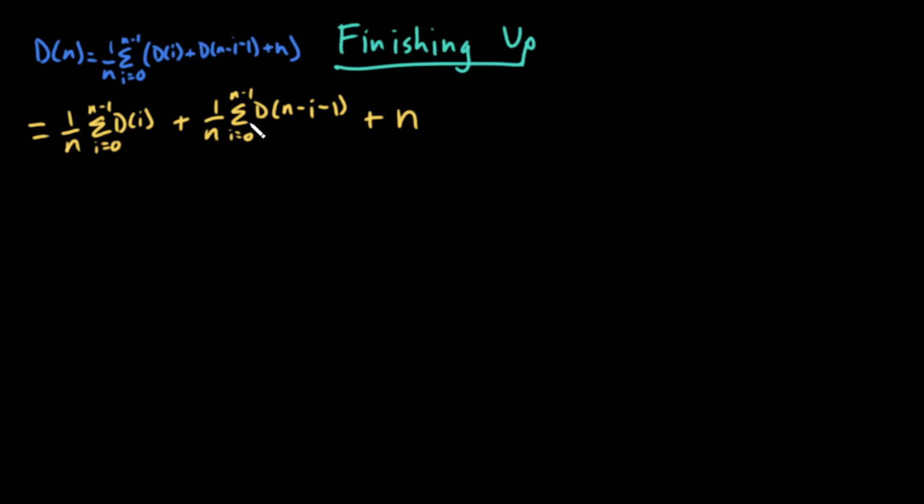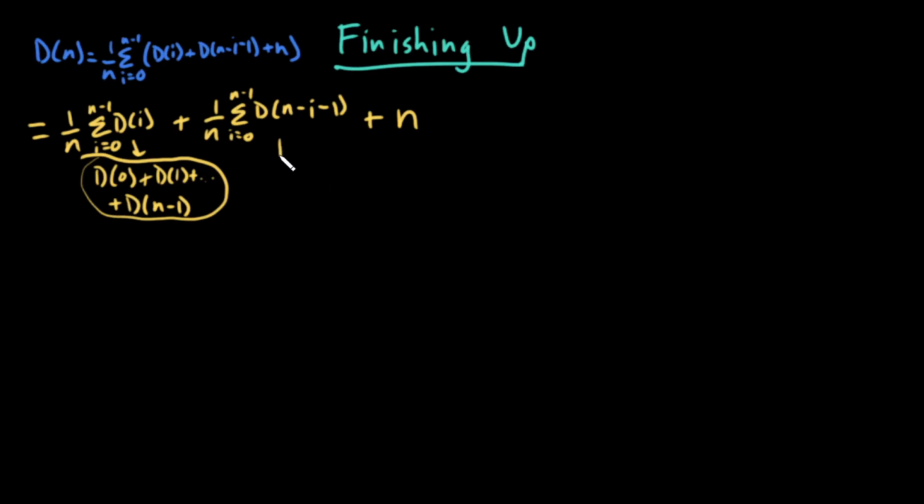These two sums might not look obvious, but let's try plugging in some values. The first is d of 0 plus d of 1 plus all the way up until d of n minus 1.